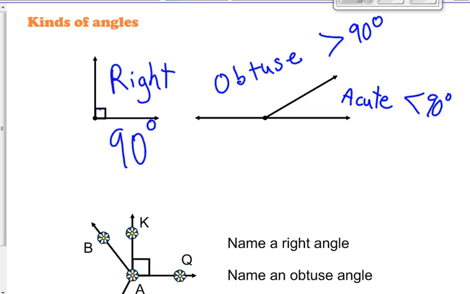Now, if I were to start putting some dots on here and putting some labels, we could start naming these different angles.